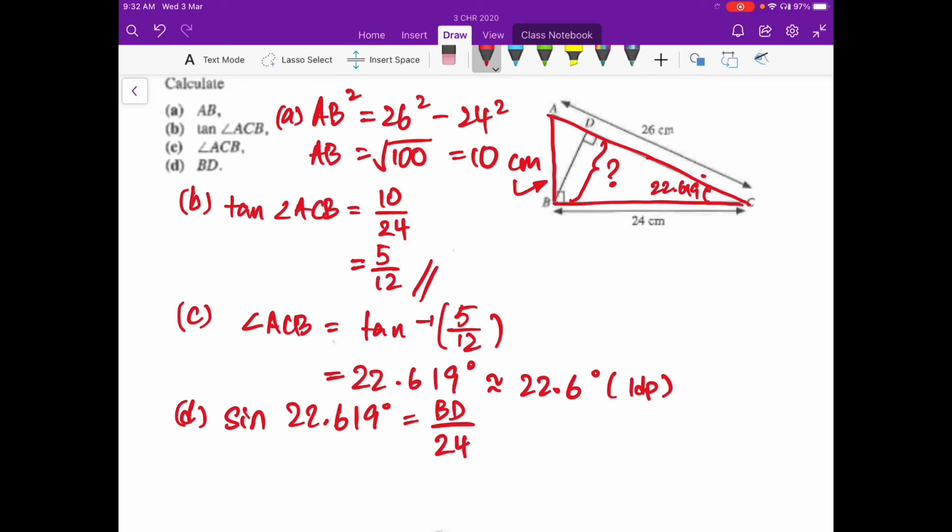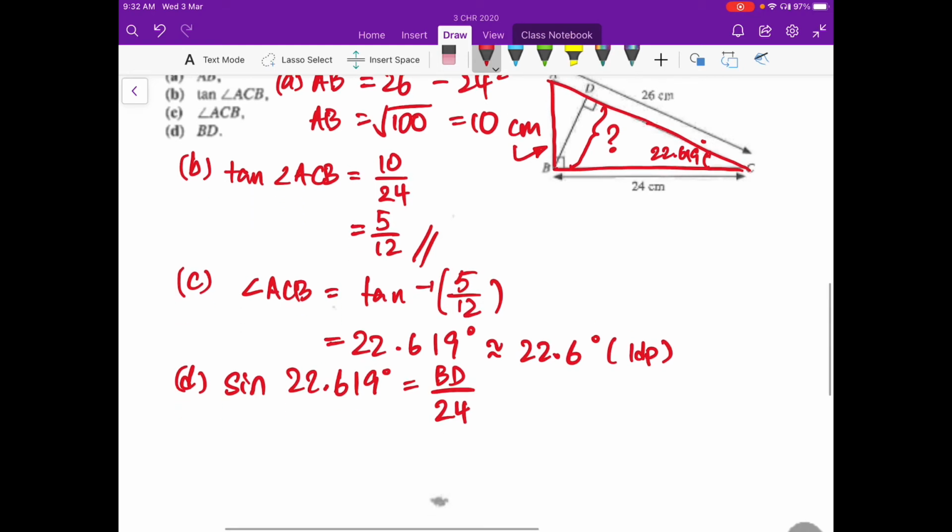Is it correct? Is this what you want? Okay, so she decided it is this way. What is the next step then? Over 1, okay? But before that, do you know why she chose sine?